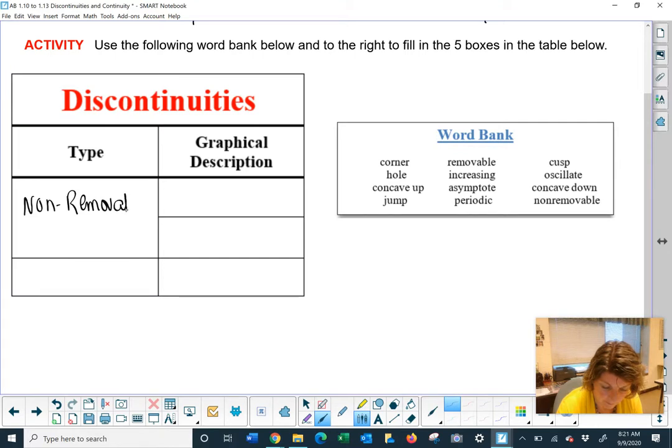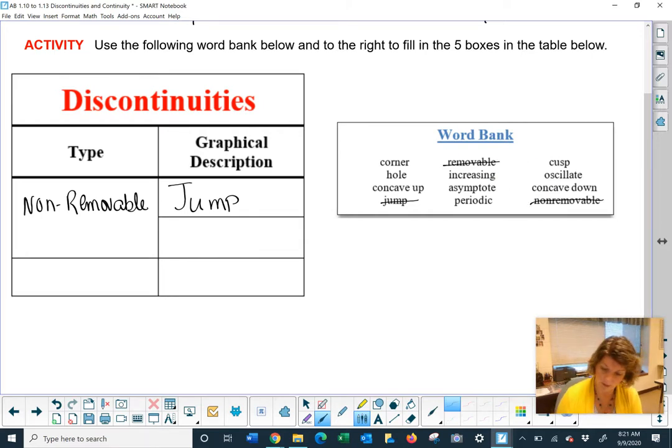There are 2 types of non-removable, and I am going to say one of them is the jump discontinuity. I see that word, so I've used that. We've got non-removable, removable.